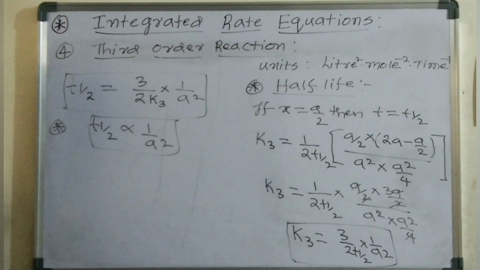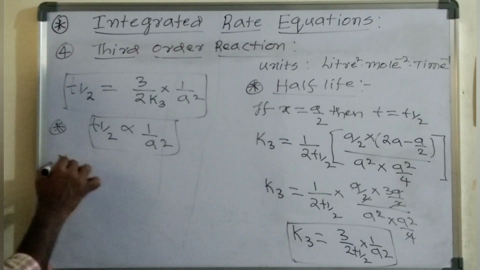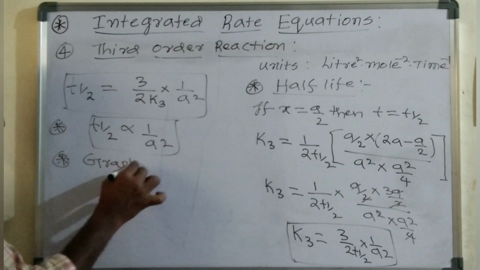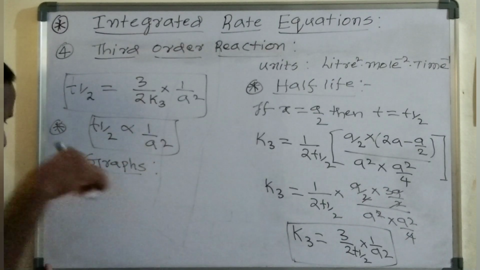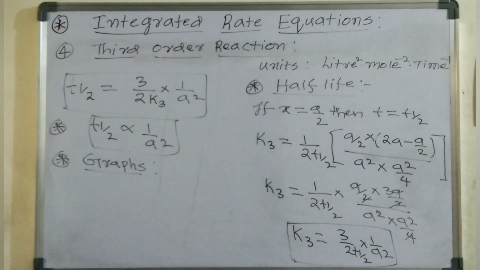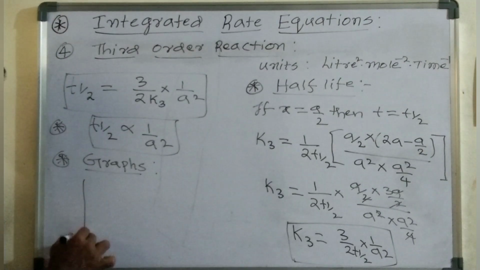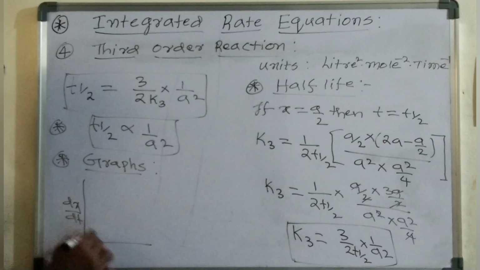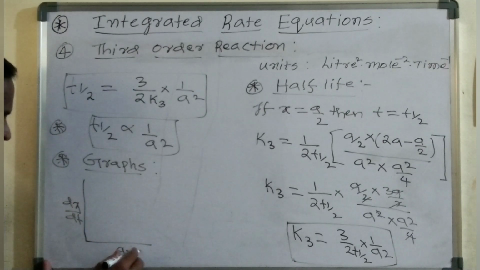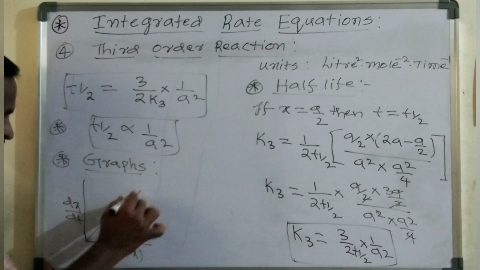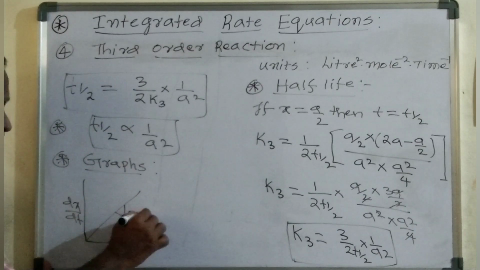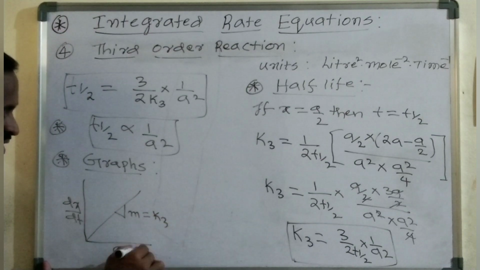Now the graphs. Commonly, if we plot dx by dt versus a minus x concentration, we will get one straight line passing through the origin, and its slope is equal to k3.